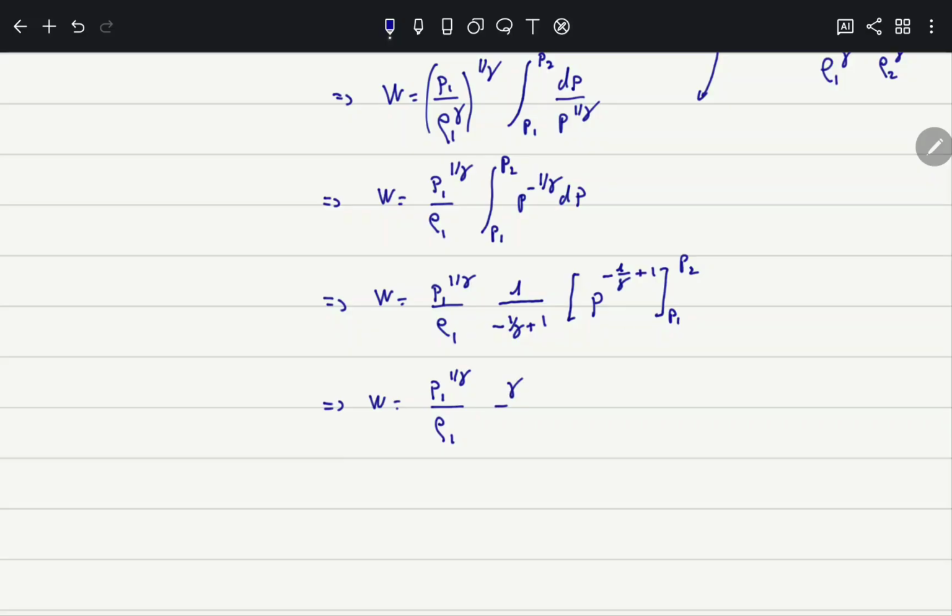So we can simply write it this way. And there we have this evaluated: P2 to the power of minus 1 over gamma plus 1, minus P1 to the power of negative 1 over gamma plus 1.